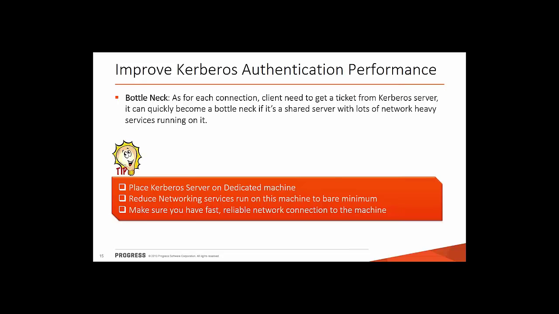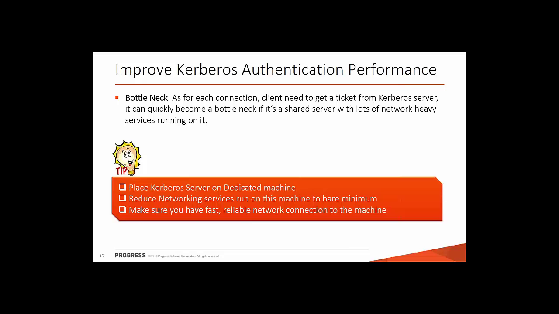There are some general guidelines to make your Kerberos server more efficient, like placing it on a dedicated machine, having good bandwidth to that server, and reducing network services running on that machine. Using that, you can reduce this bottleneck and have better performance with encrypted authentications.